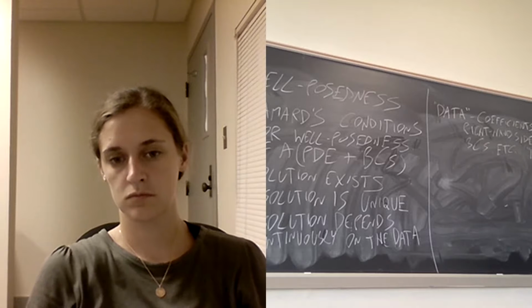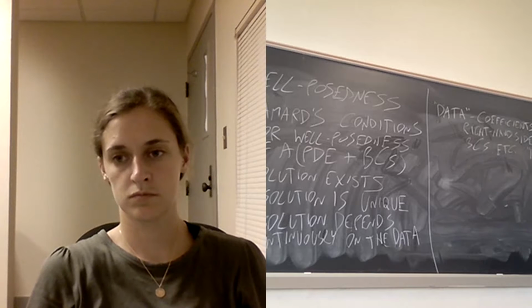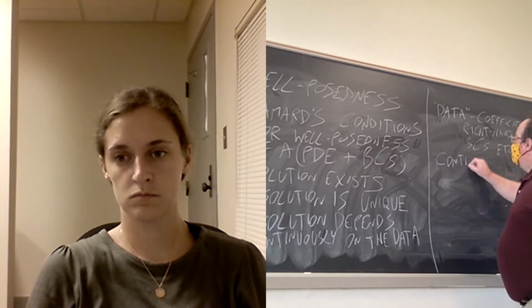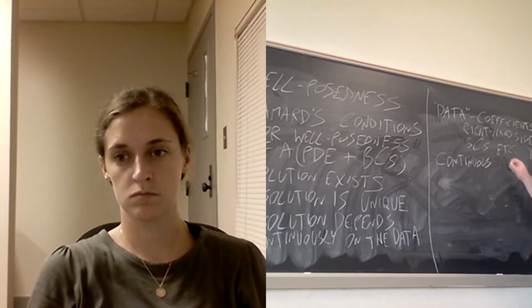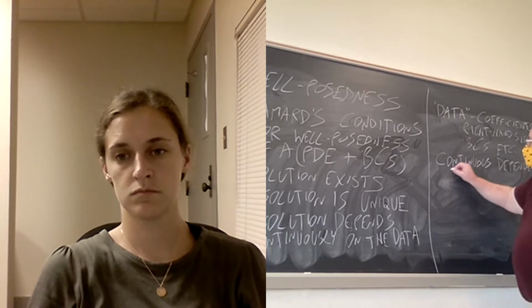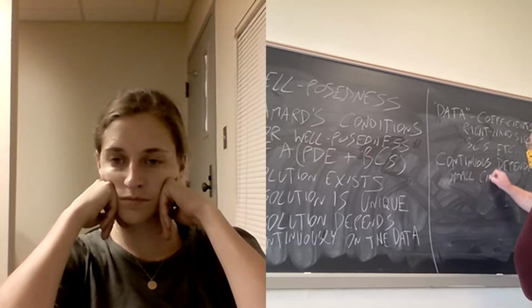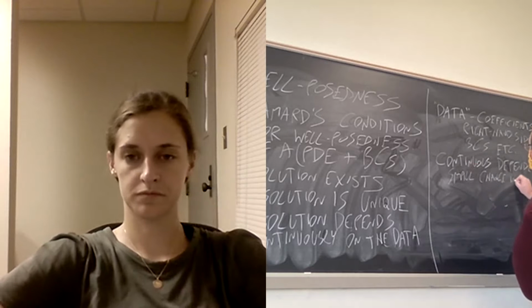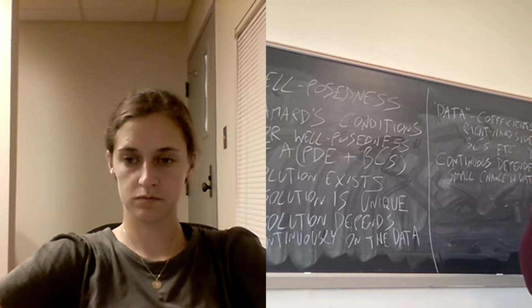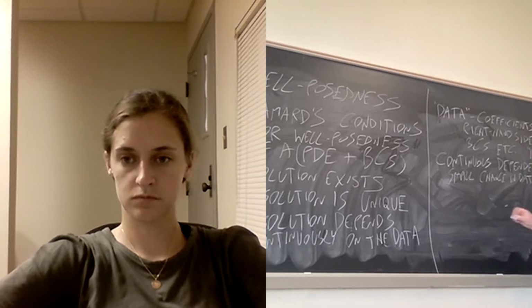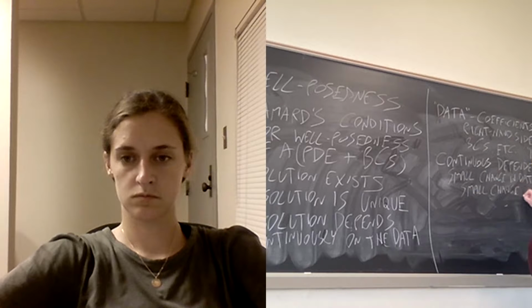Okay, so now that I've explained to you what is meant by the data, now I can explain this third condition more. So, at least informally, what I mean by continuous dependence is if there is a small change in the data, then that should lead to a small change in the solution at most.